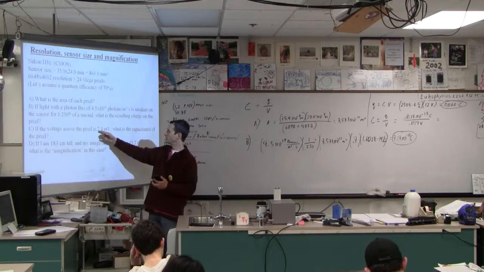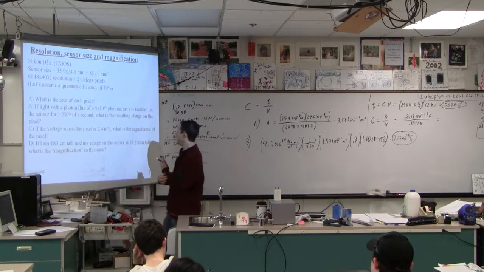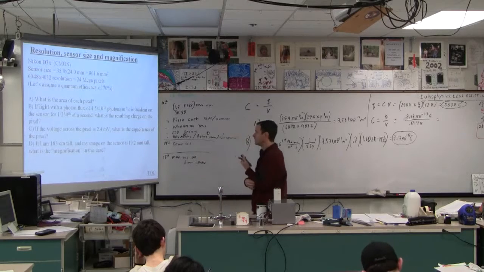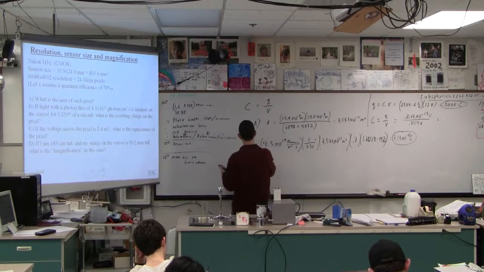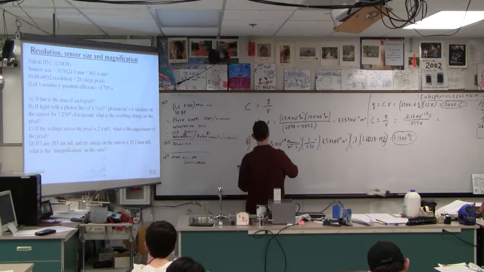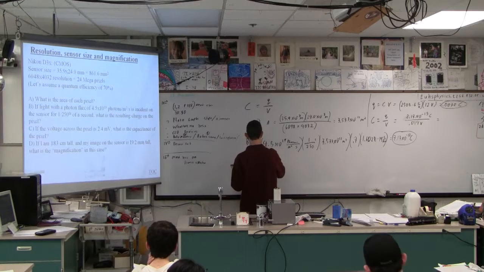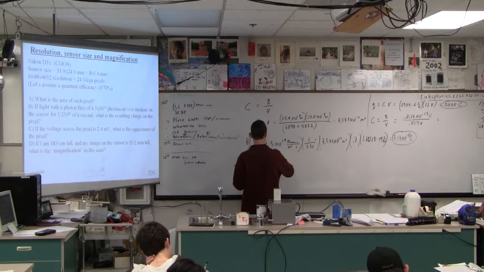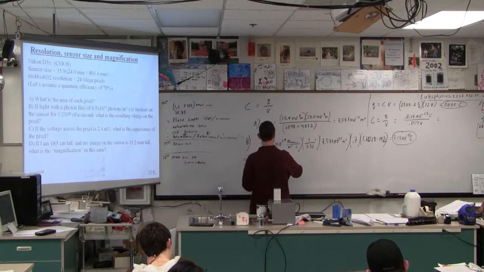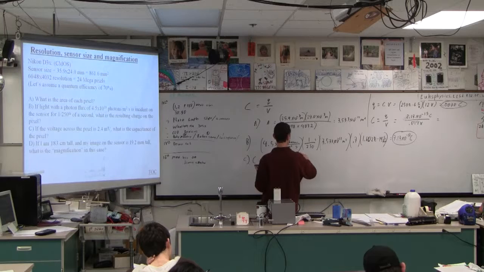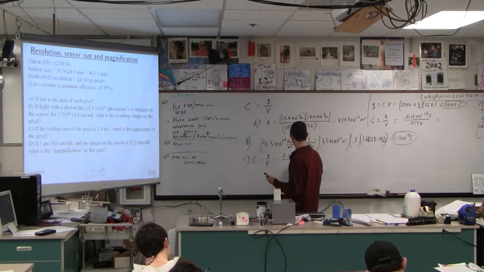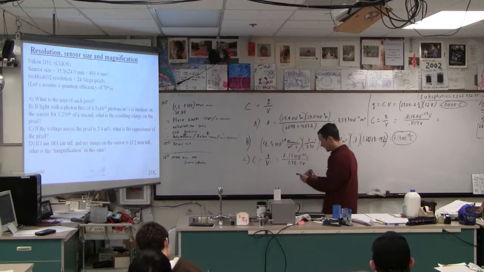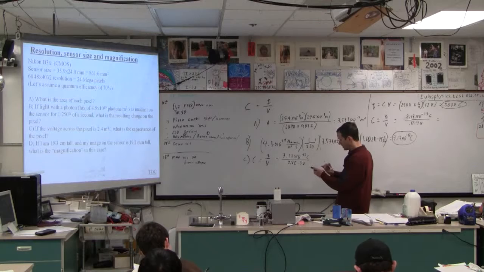So if the voltage is 2.4 millivolts, what's the capacitance of the pixel? Well, I think I have a formula that can do that. Capacitance is charge over voltage. So I'm going to take that charge, 7.13 times 10 to the minus 13th coulombs, and divide by 2.4 e to the minus 3.